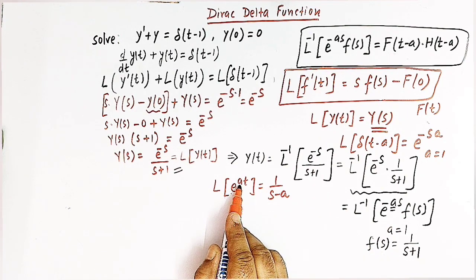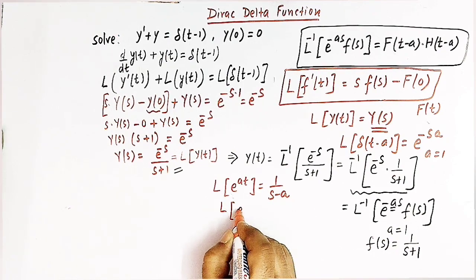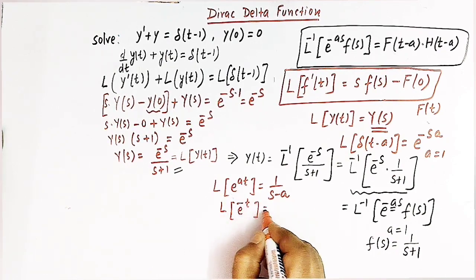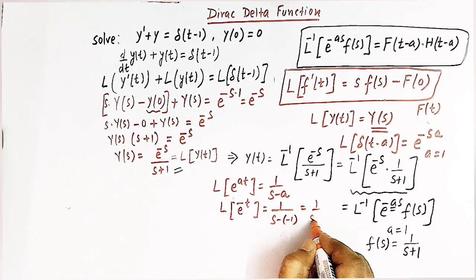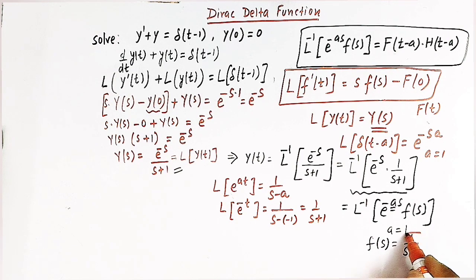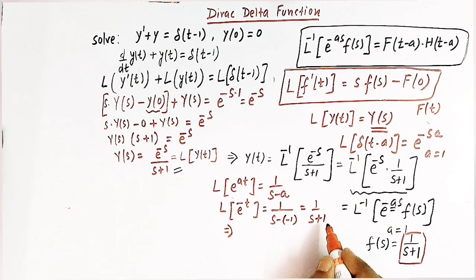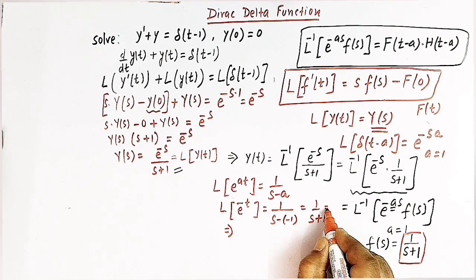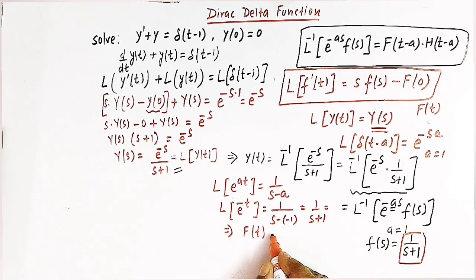So if we take a equal to minus 1, then the Laplace transform of e raised to minus t is given by 1 over s minus minus 1, that is 1 over s plus 1. So this is our Laplace transform of e raised to minus t. So the function f of t is now e raised to minus t, right?